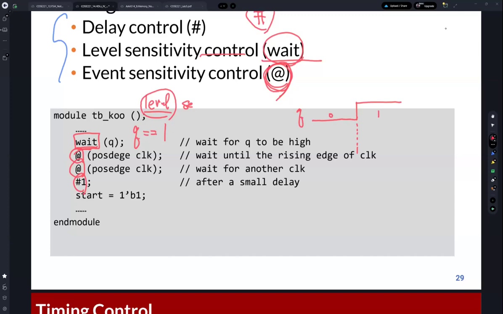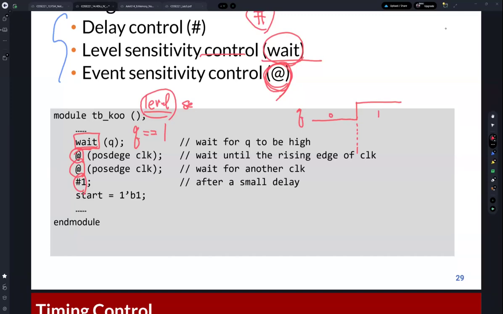I mentioned that if the signal value is 1, it means true. It's the same as in C or C++. If the signal value is 0, it represents false. And if the signal value is non-zero, it represents true.